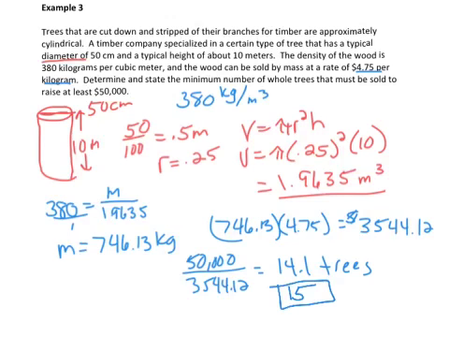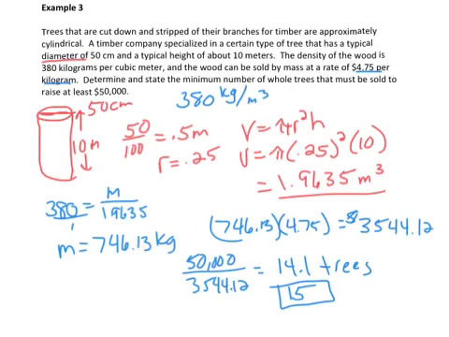So these are the types of problems that you're going to be expected to do on the Regents exam. They're multi-step. Each step isn't bad, but again, the first thing you do is you compare your units, make sure all the units match, do all your conversions, and then read carefully.